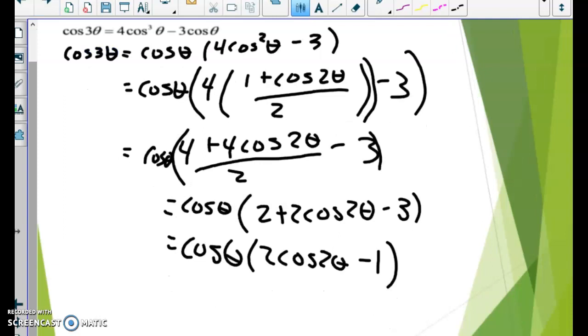And right there is where I get a little bit stumped, because if I look at the double angle formulas, and I know that there are 3 of them, if I look at the middle one that says 2 cosine squared u minus 1, that's very close, but this isn't a squared, that's a 2 theta. So I have no way of simplifying that.